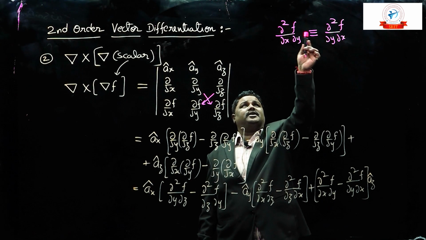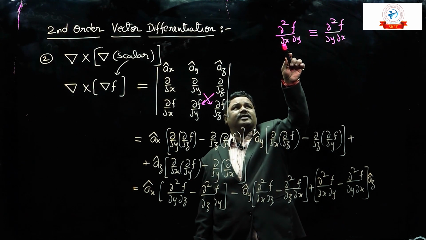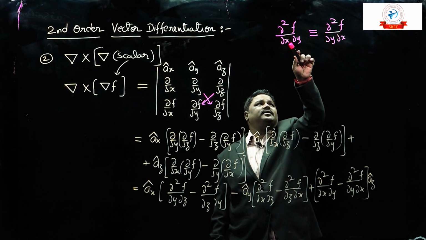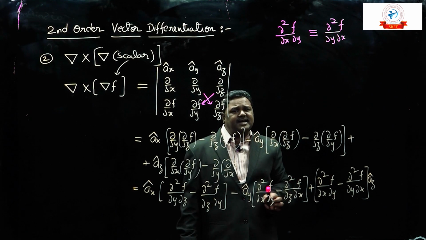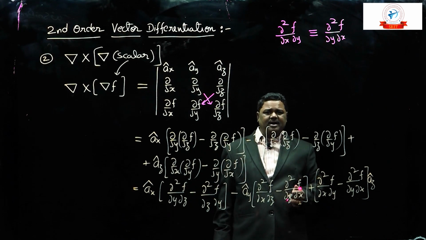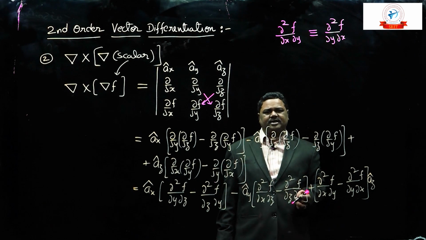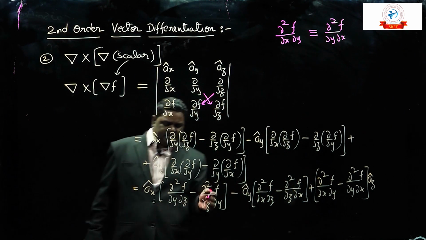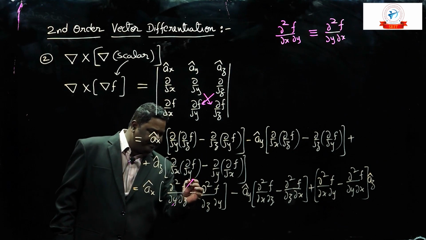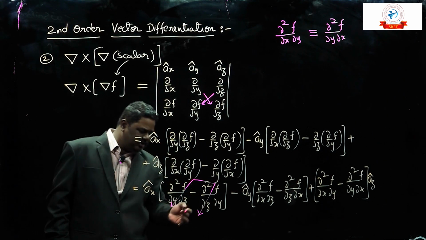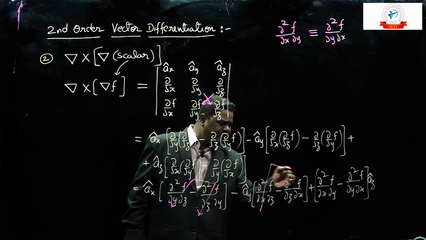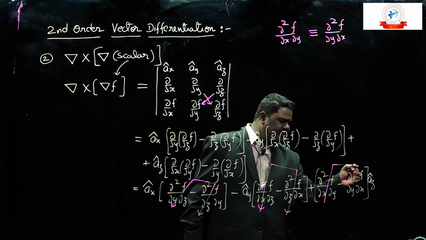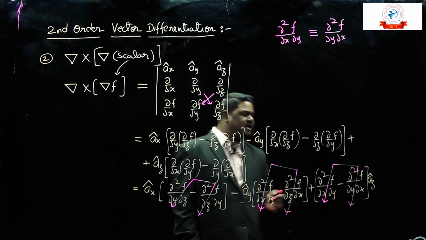You may apply first dou by dou y then dou by dou x, or dou by dou x first then dou by dou y. So the second order differentiations are identical in the case of partial differentiation. These two terms are the same, which get cancelled. Again these two terms are the same and get cancelled, and these two terms are the same and get cancelled.